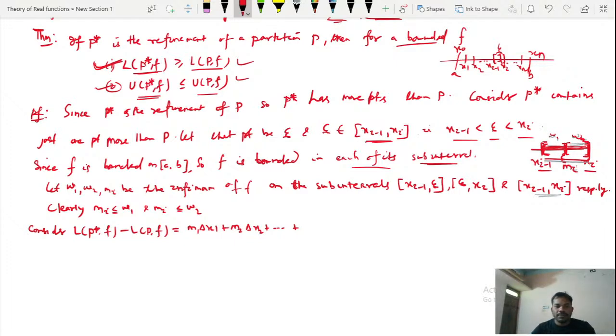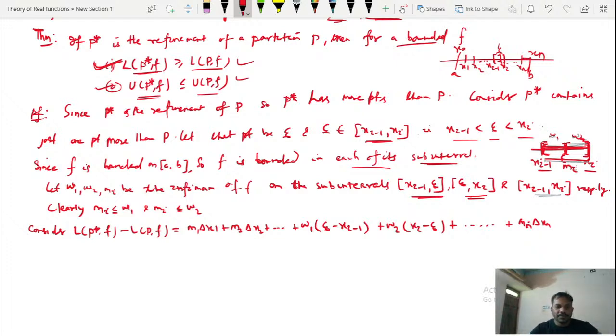So for that one we can write w1 whole into xi minus xi minus 1, this subinterval length, plus w2 whole into this subinterval length, which is xi minus xi, plus dot dot, up to small mn del xn, since n subintervals are there.